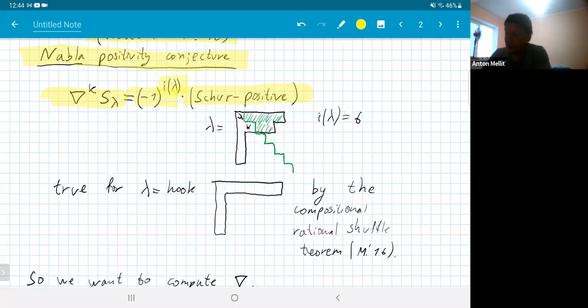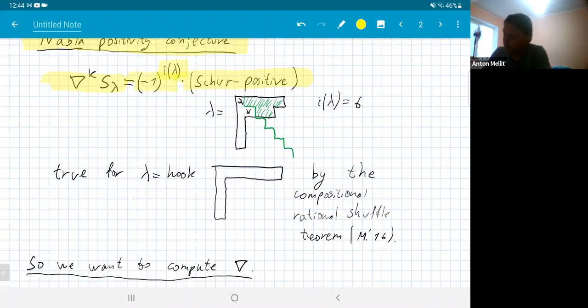So how do you determine the sign? You draw lambda as a diagram, and you draw this red line, which I call the main diagonal. And you count how many boxes are over the main diagonal. In this case, we get 1, 2, 3, 4, 6 boxes. And this is how you determine the sign.